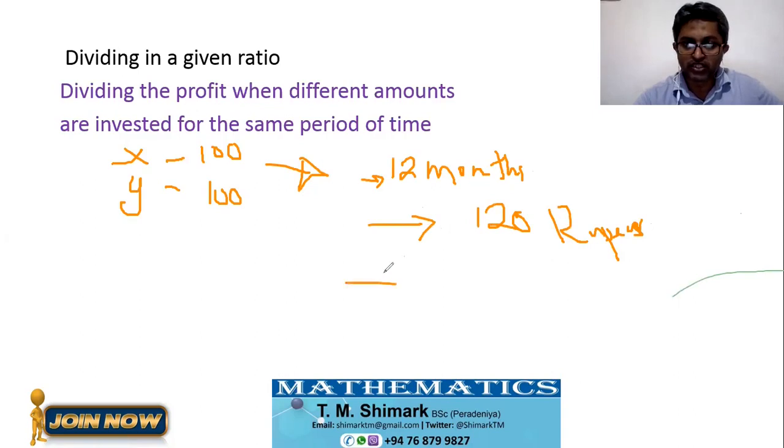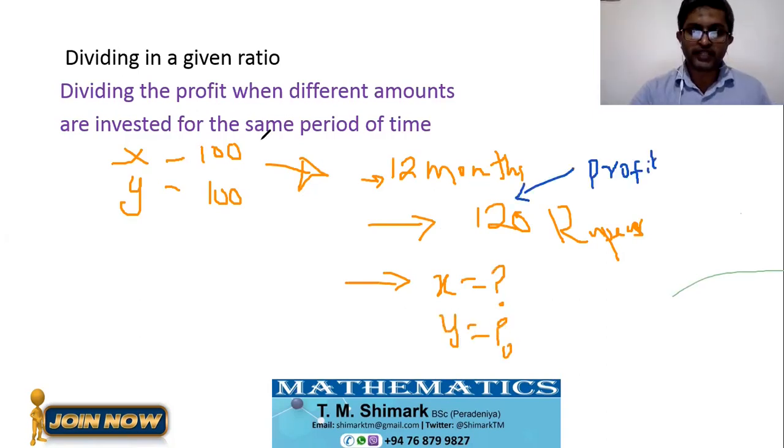So how much will X be getting as profit and how much will Y be getting? Can someone say how much profit X gets and how much Y gets? They invested 100 rupees each. After 12 months, they are checking how much profit they have earned from the business.